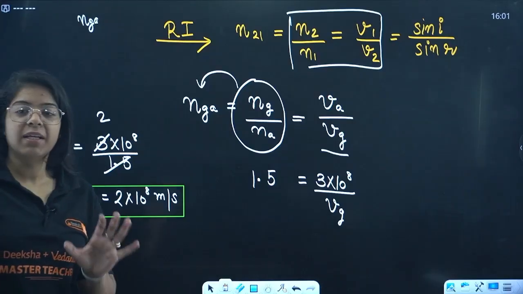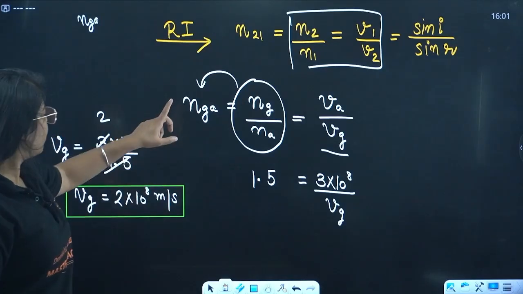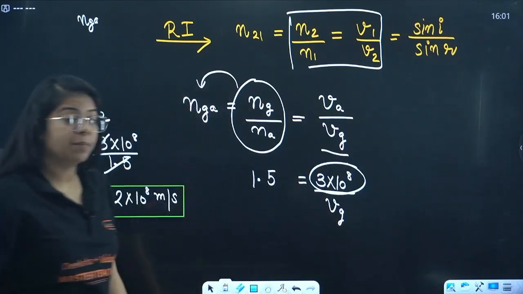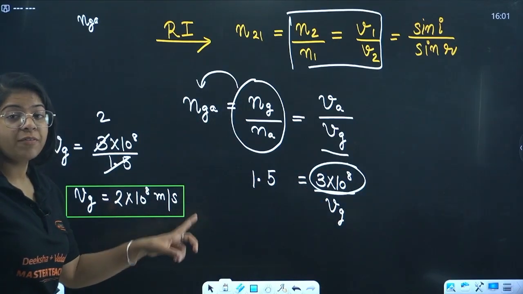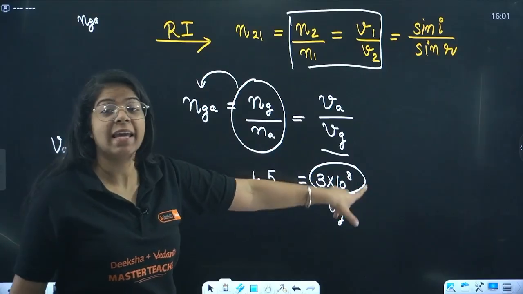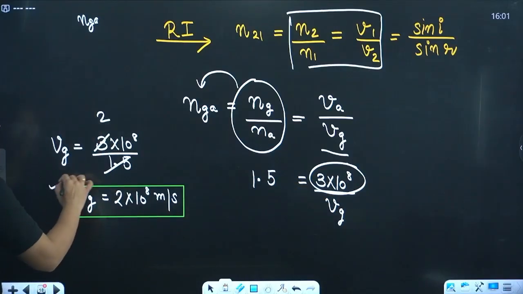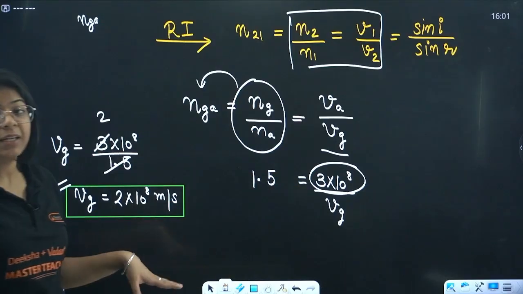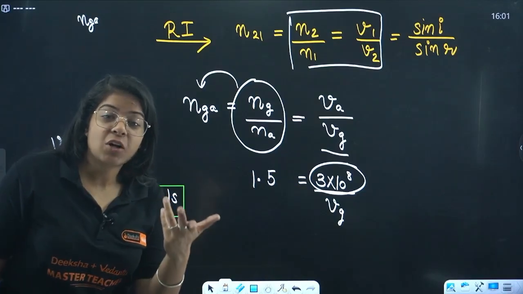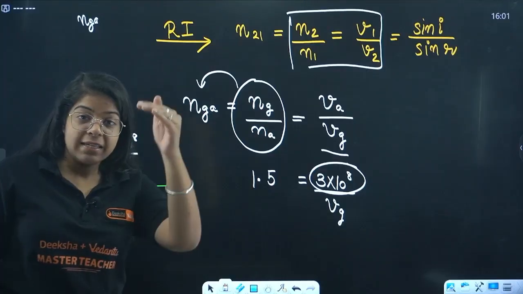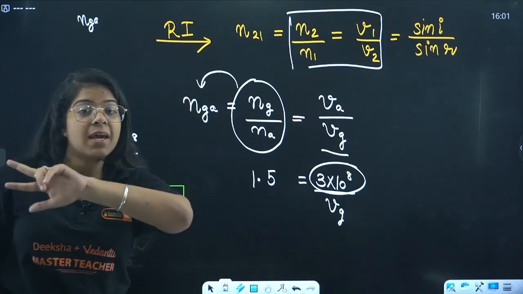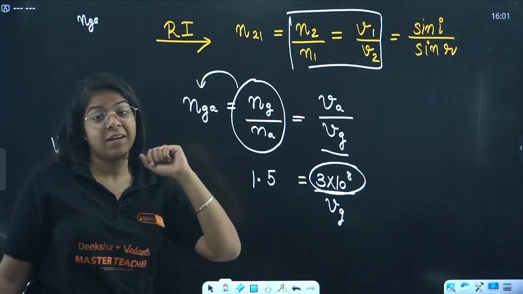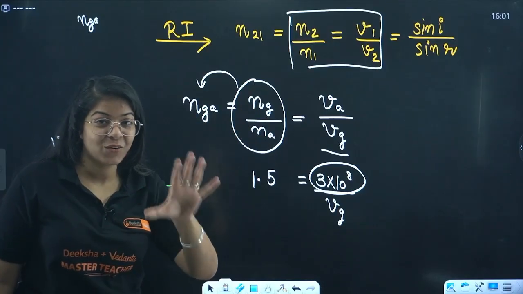The velocity of light in air was 3 into 10 raised to power 8 meter per second, and the velocity of light in glass comes out to be 2 into 10 raised to power 8 meter per second. So can you see the velocity of light in glass decreased as light went from air to glass, because the refractive index of glass was higher than the refractive index of air. Did you understand the whole line?